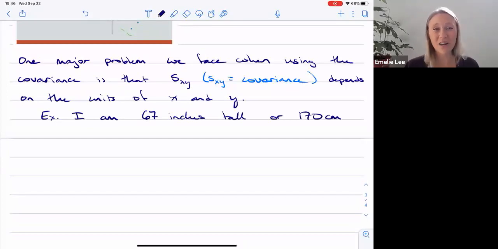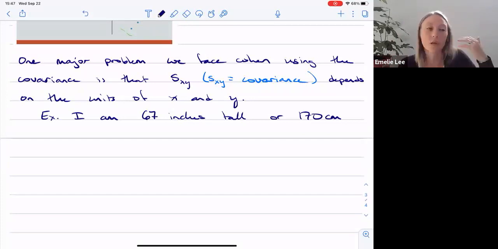It's actually 171, but let's keep it simple. And so the units here would impact the covariance. Same thing if I'm declaring my weight, I won't take it that far, right? But if we're thinking about weight in terms of pounds versus kilos, I would weigh more in pounds in terms of a number than I do in kilos, but my weight is the same, right? And so it depends on the units.